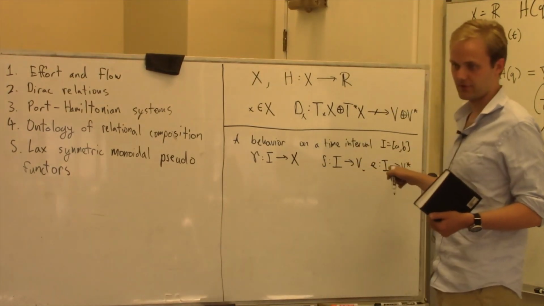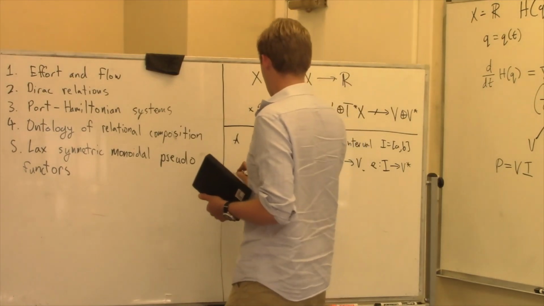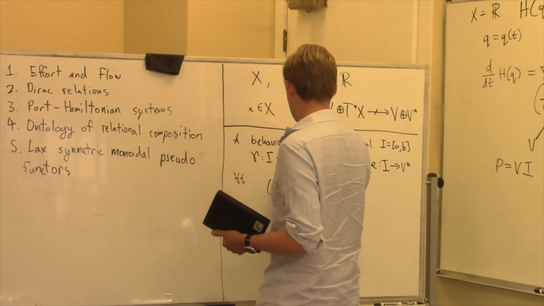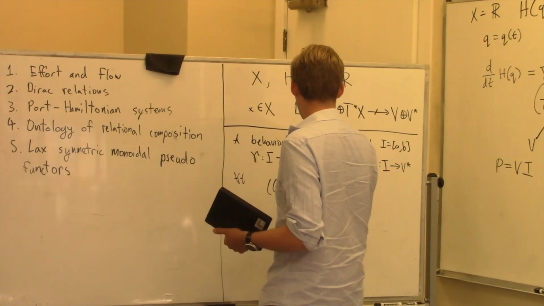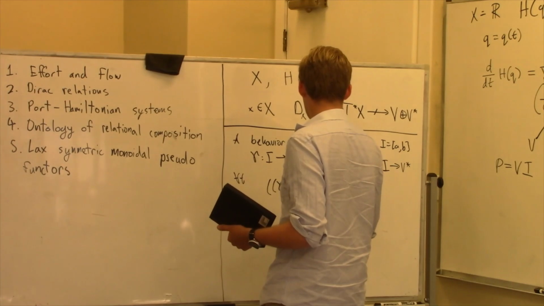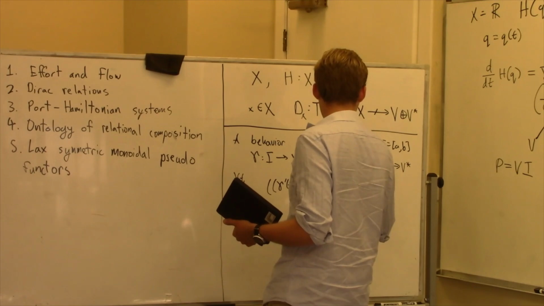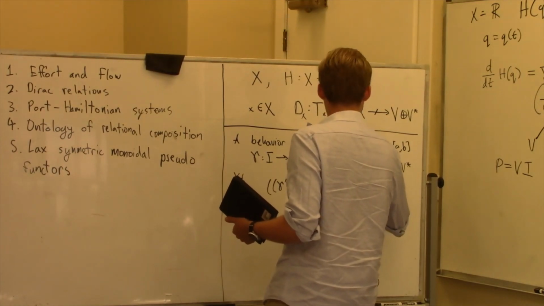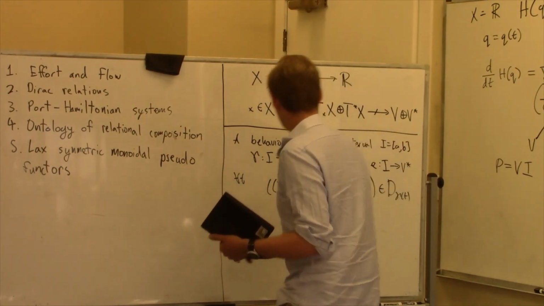So flows and efforts that are also happening such that for all t, we have that gamma prime of t, dH sub gamma t, f of t, e of t is in D sub gamma of t.